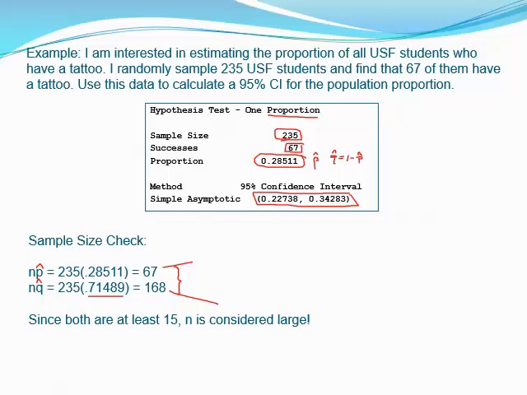So the actual sampling is relatively straightforward. When I'm asking, did you attend a football game last season? I have to sample until I get at least 15 students that said yes, and 15 that said no, and then I'll have a large enough sample.